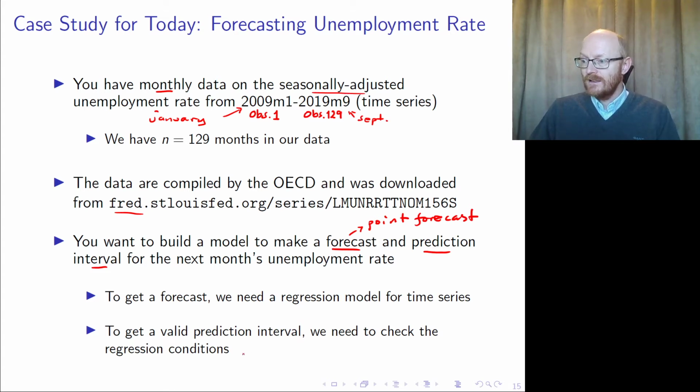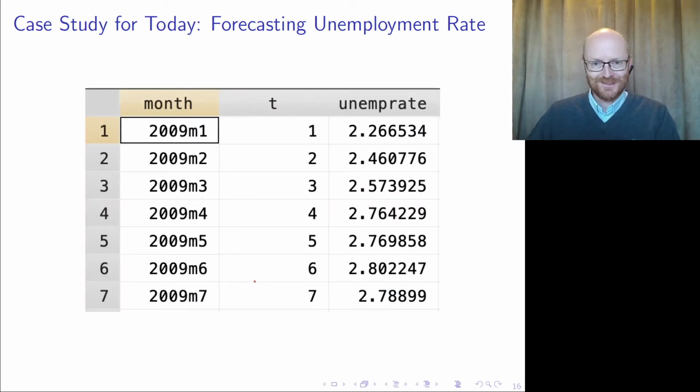And by looking at the residuals around this fitted line, we can get an idea of the dispersion around this forecast. That's what I was supposed to say.